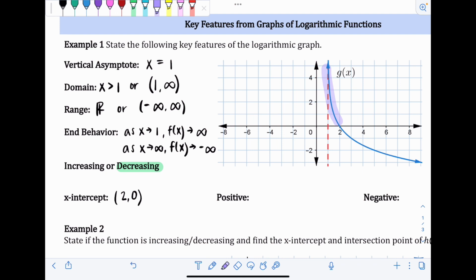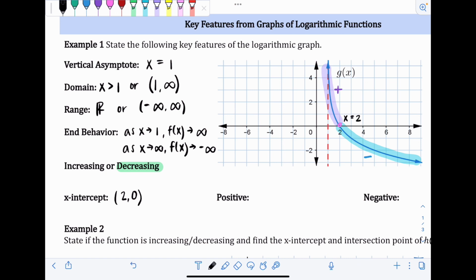And on a graph that looks like above and below the x-axis. So that purple section, that would be the positive section since all the y values are positive. That blue section, that would be the negative section since all of the y values are negative. So since they change from positive to negative at that x-intercept, that's going to be our boundary line, so at x equals 2.